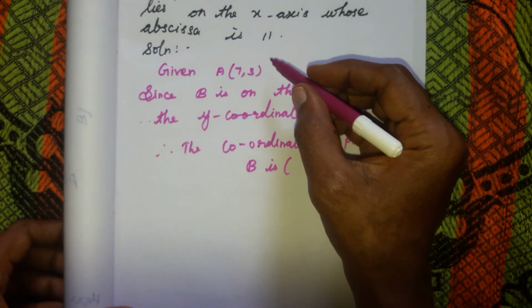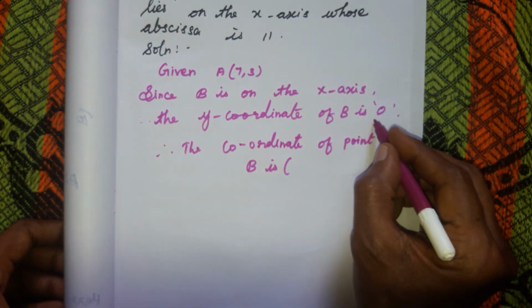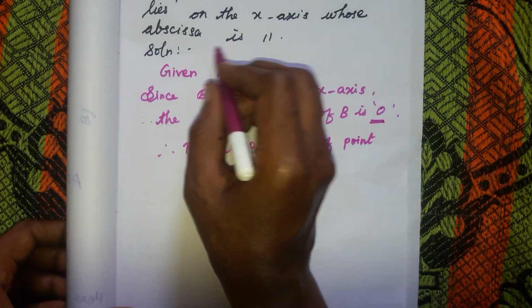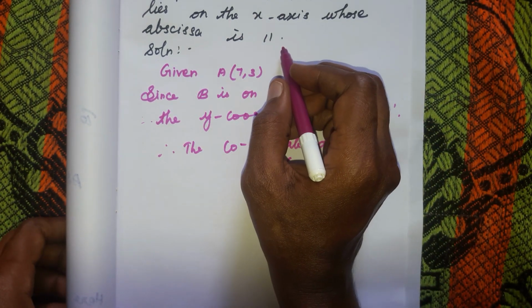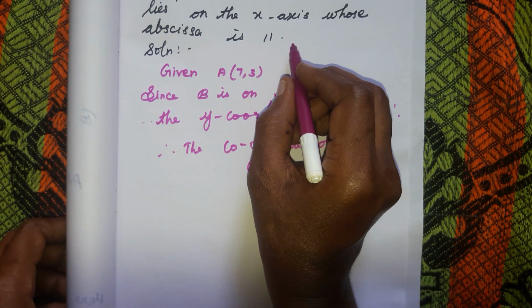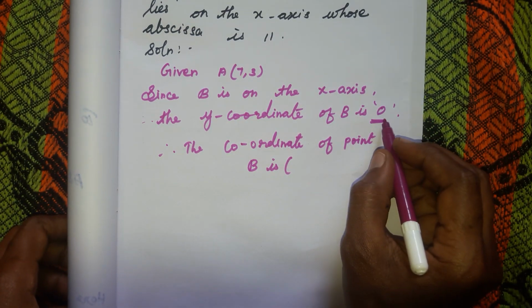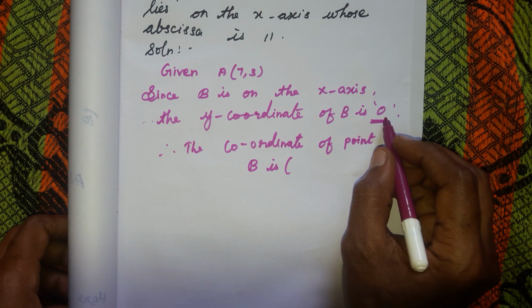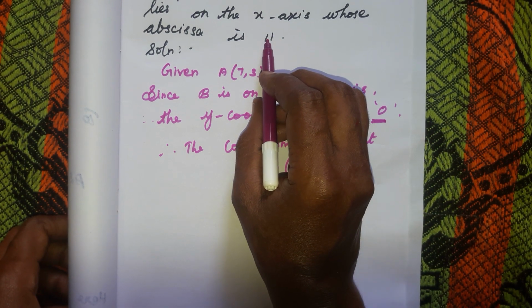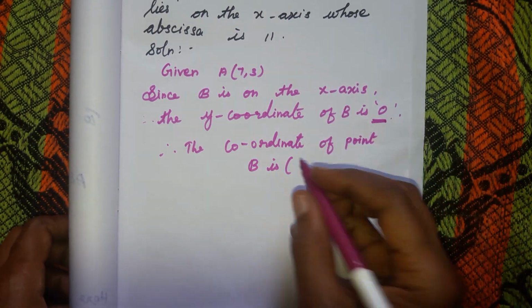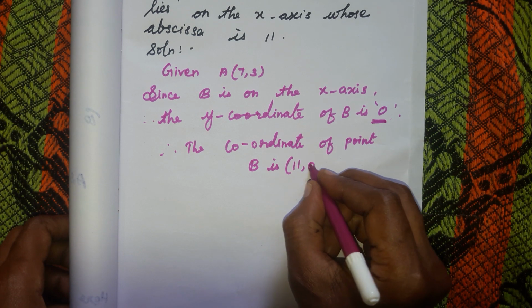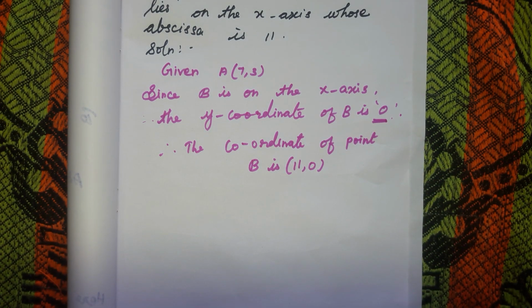Here the y coordinate is 0, abscissa 11. What is the meaning of abscissa? Abscissa means x-axis. X is 11, y is 0. So 11, 0. Therefore, the coordinate of the point B is (11, 0).